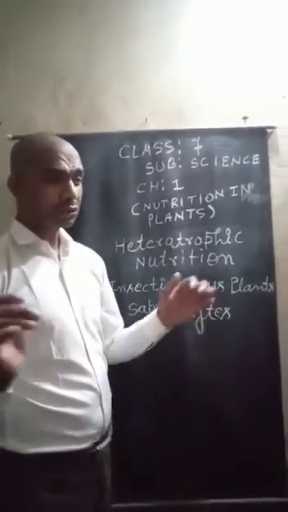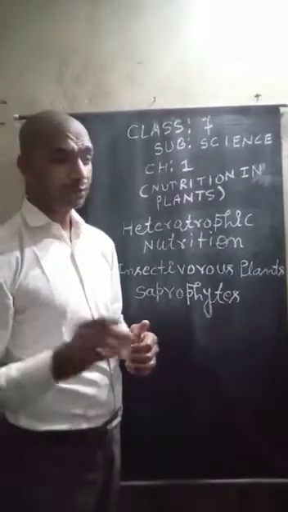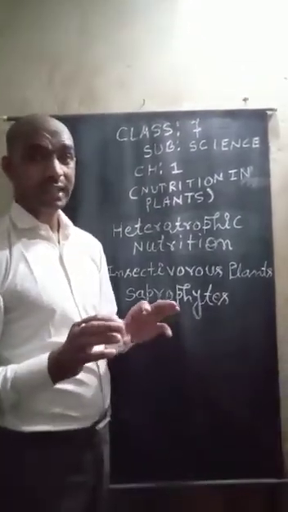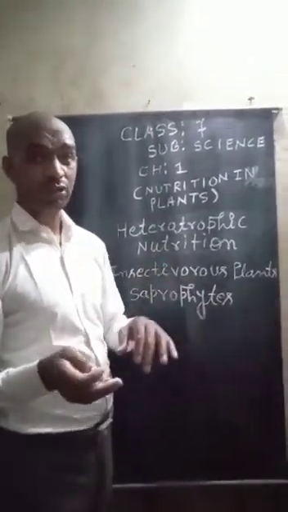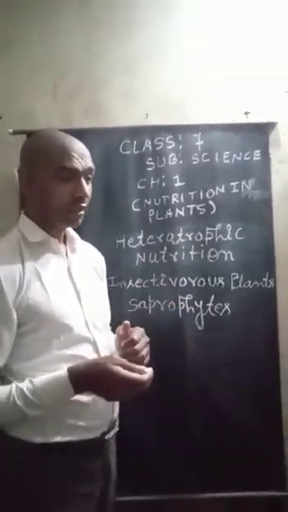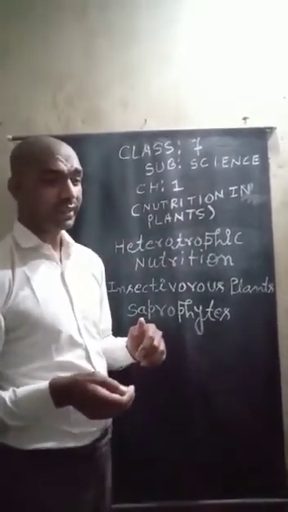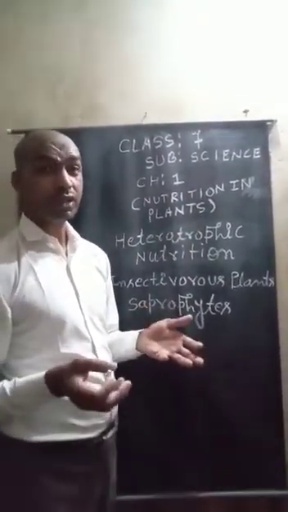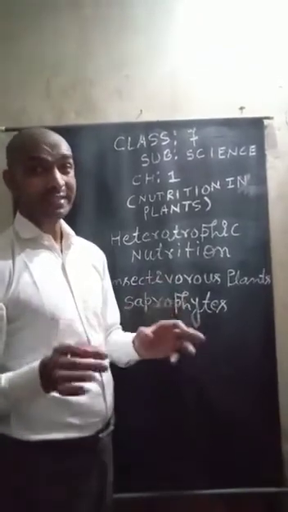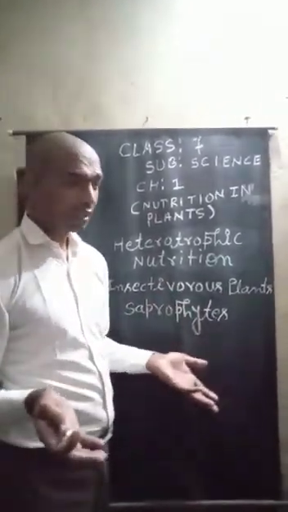They use digestive juices to break down the material into simple ones that can be absorbed. That means they use digestive juices to break down complex substances into simple ones and utilize them. This type of nutrition is called saprophytic nutrition. The mode of nutrition in which a saprophyte takes its nutrition from dead and decaying organisms is called saprophytic nutrition.